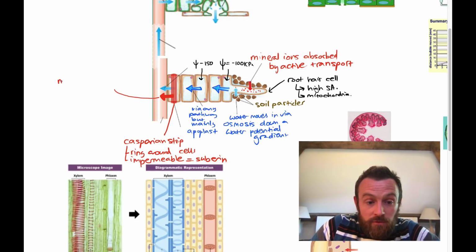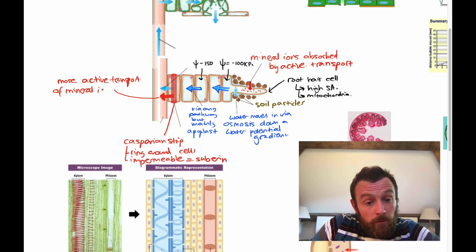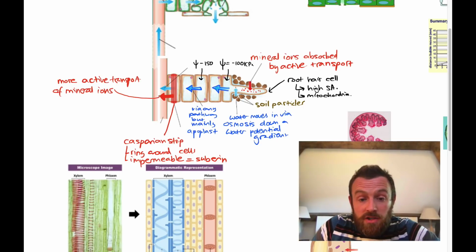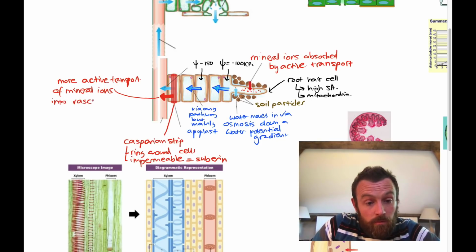So more active transport of mineral ions into this central part of the root. In this central part of the root, we call this the vascular bundle, and this is where the xylem are going to be. More active transport of mineral ions into the vascular bundle.